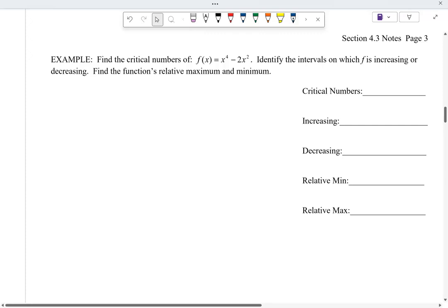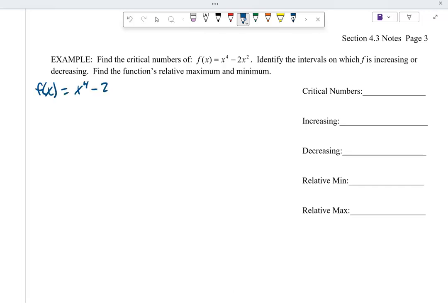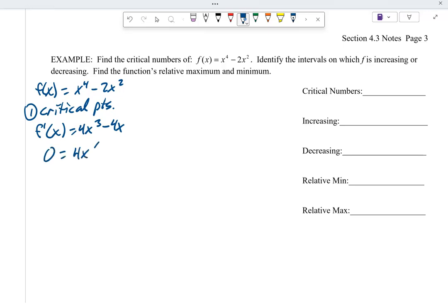And run through it. Okay? So we have this polynomial, f of x equals x to the fourth minus 2x squared. Number one, let's find our critical points. Our derivative here would be 4x to the third minus 4x. Where is the derivative equal to 0?